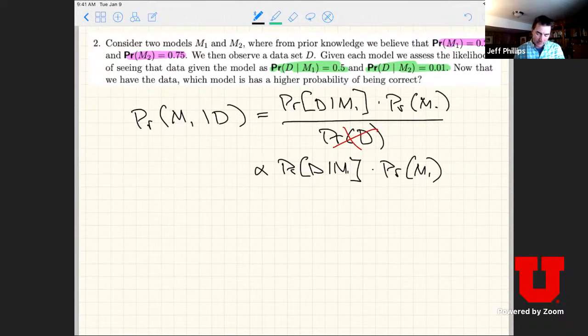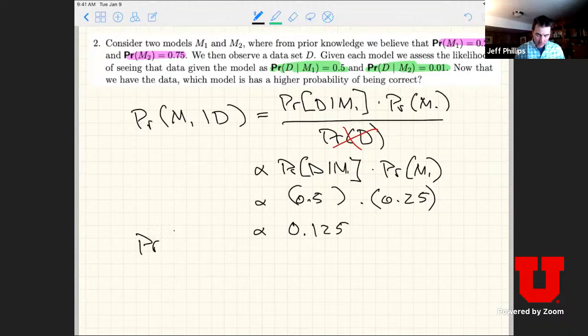This is proportional to the probability of the data given model 1, which is 0.5, times the probability of model 1, which is 0.25. And this is proportional to 0.125. I can do the same thing for the probability of model 2 given the data.